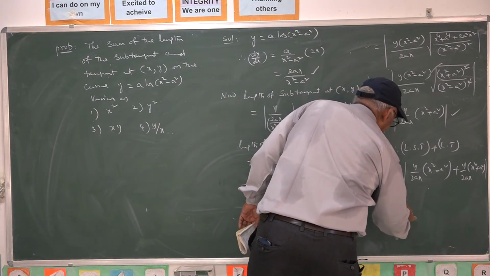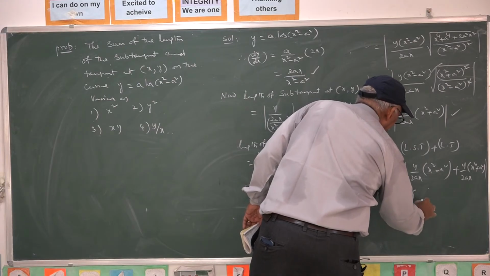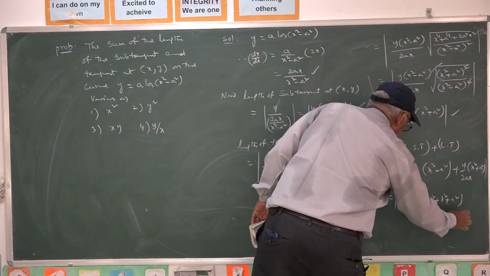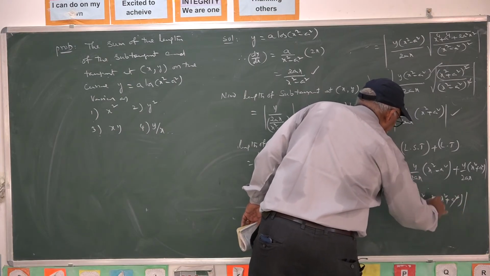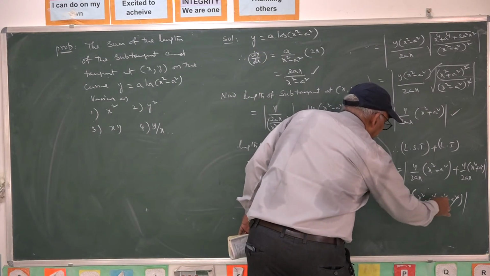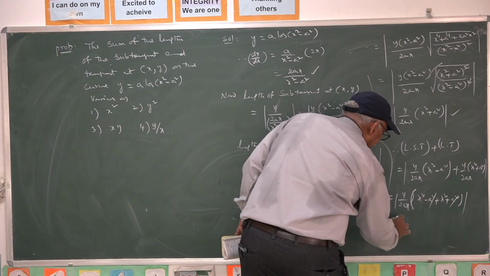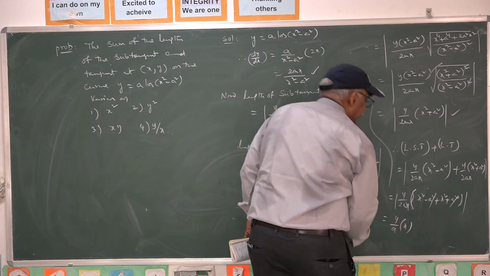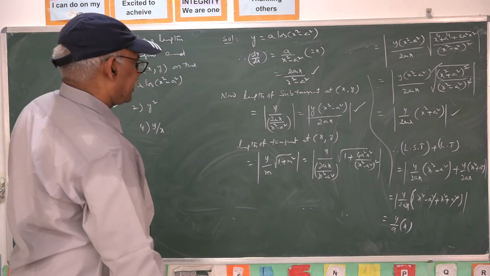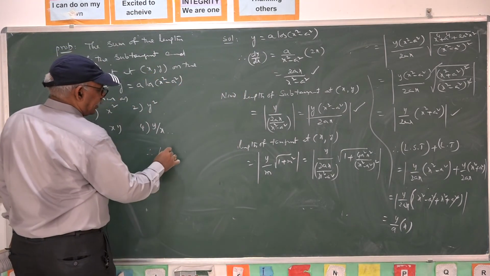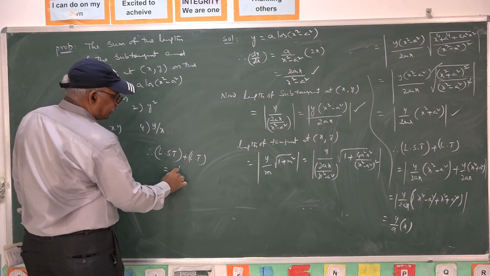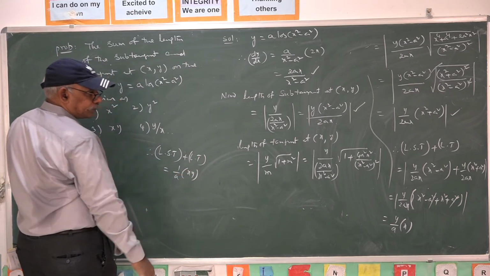So that is y by 2ax taking common, we get x square minus a square plus x square plus a square. A square cancels. Out of 2x square, 2 cancels, 1 x cancels. So we get y by a into x. So therefore, length of subtangent plus length of tangent is 1 by a into xy.